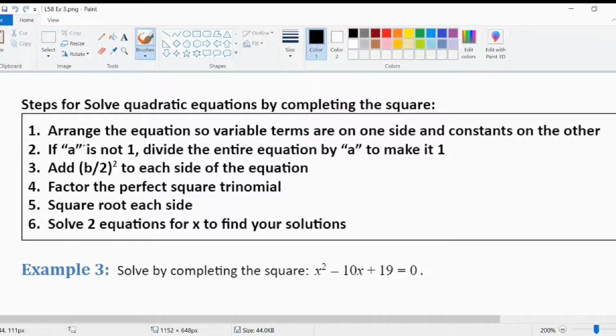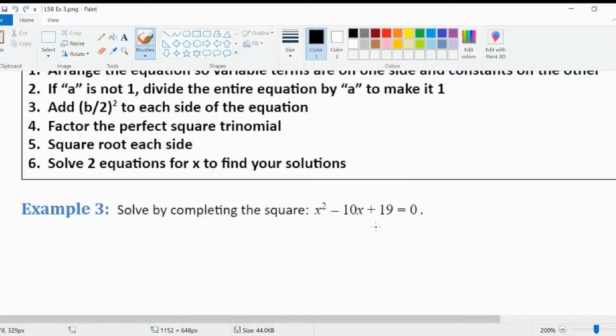Step 2: if a is not 1, then we would divide out a factor to make it so a is 1 so we can complete the square. Step 3: we will add our b term divided by 2, squared, to both sides, which in that last problem was 10 divided by 2, square it, and then add 25 to both sides. Step 4: we'll factor, square root, and then solve the two equations to find our two solutions. And quadratics always have two solutions.